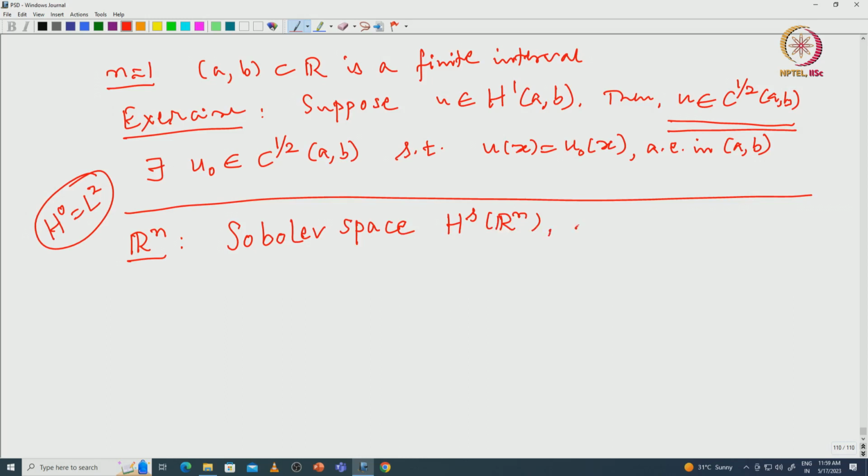So, s is any real number. For open sets, we are not able to do that because we are counting the number of weak derivatives, but using this definition we can also define Sobolev spaces of fractional order. So, what is the definition here? H s of R n, let me just write that.